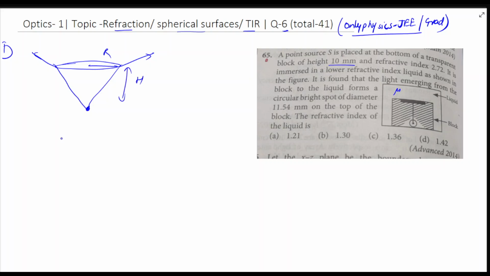We know the formula, right? The formula for R is H upon under root mu square minus 1. Let's say this is mu1 and this is mu2, so mu is actually mu1 by mu2, denser on rarer. So let's put those values here.